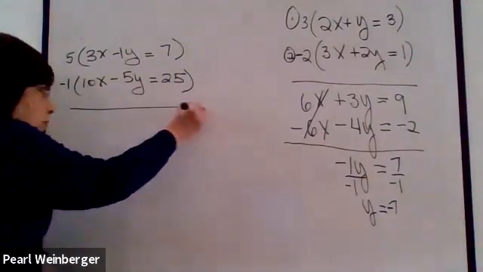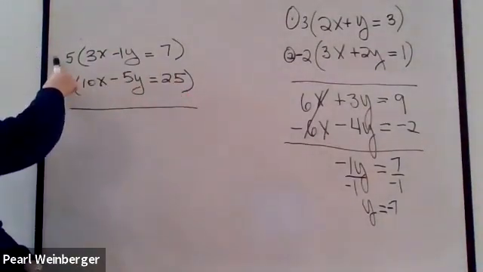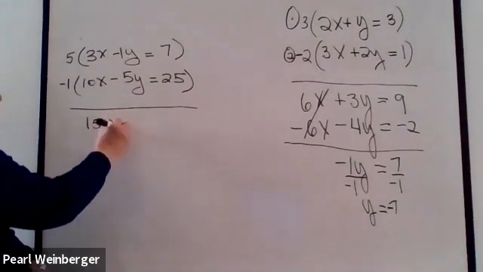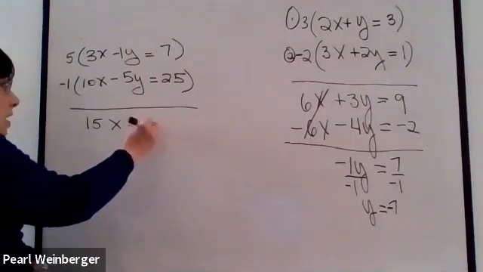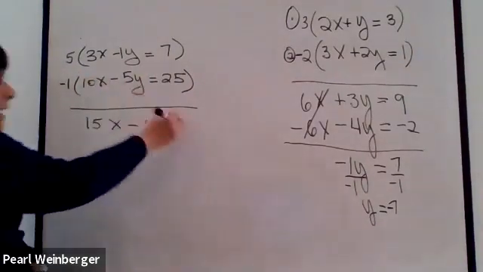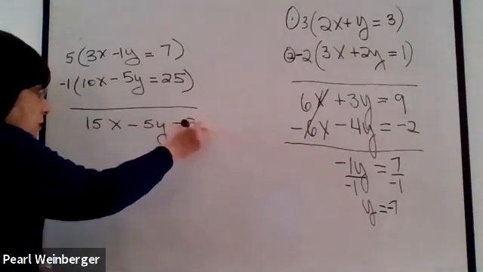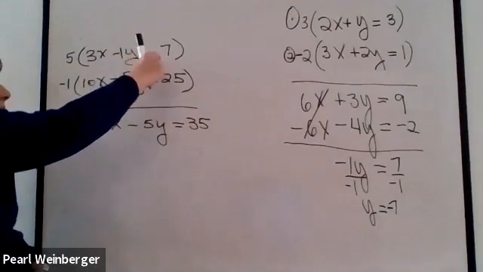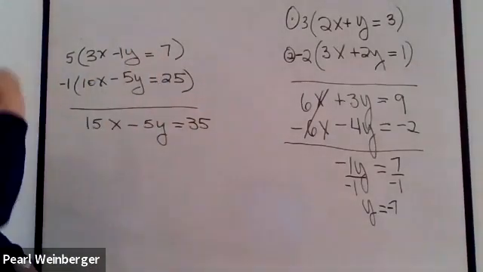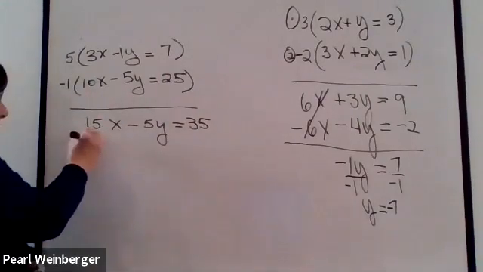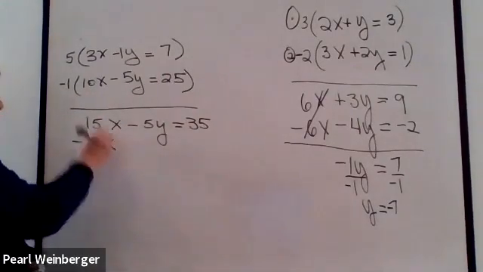Okay, so let's go on from here. Multiplying that top equation by 5 will give me 15x minus 5y, because negative 1 times 5 is negative 5, and 5 times 7 is 35. I multiplied every single term by 5. In my second equation, I'm multiplying everything by negative 1. So negative 1 times 10x is negative 10x.